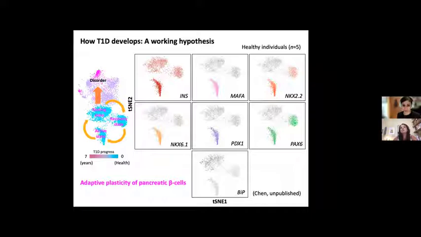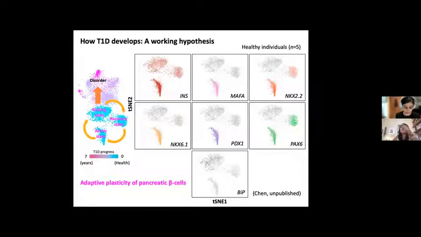Notice that the bottom population of cells expresses insulin, MAFA, NKX6.1, and PDX1, or beta cell specific gene expression. However, NKX2.2 and PAX6 are also expressed in an additional population. Perhaps this shows the return of the cells back to the bottom group.